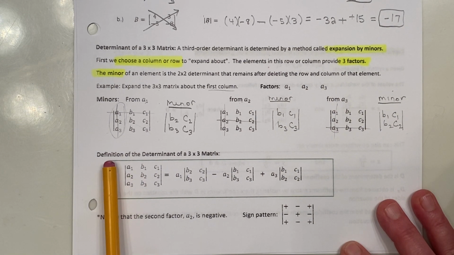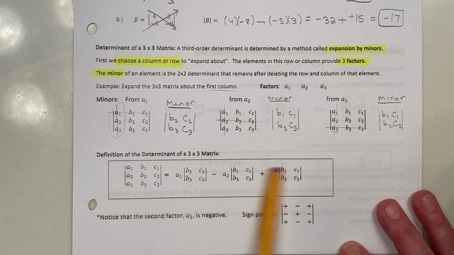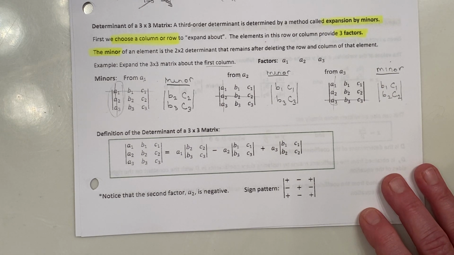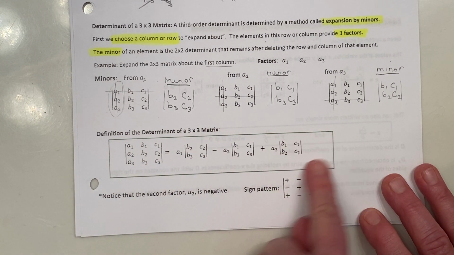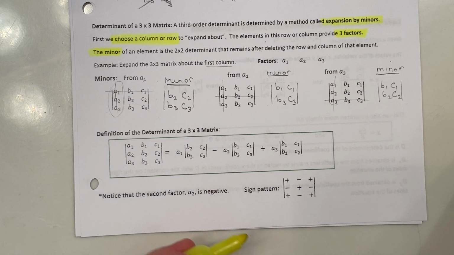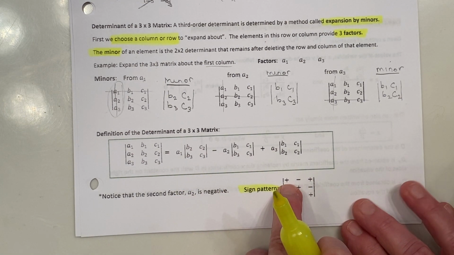All right, so what's the definition of the determinant of a 3x3 matrix? Before we get to this boxed definition, there's one other thing we have to be aware of. In a 3x3 matrix, we have a sign pattern. We always start in the upper left-hand corner with plus, and then we alternate signs.